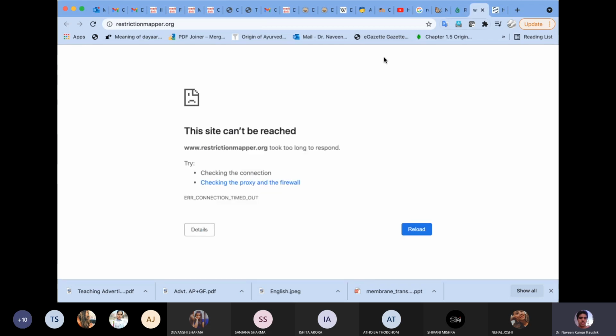Similarly, another tool is also there. Restriction Mapper is the name of the tool, restrictionmapper.org. It's not opening, so you can open it in your portal also.